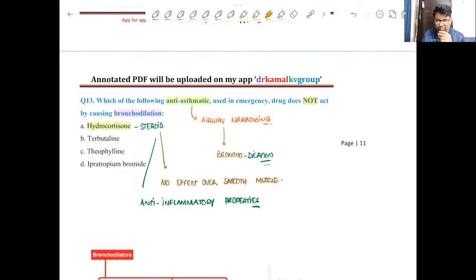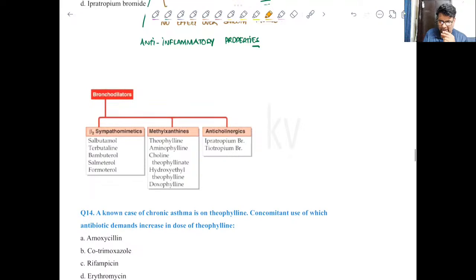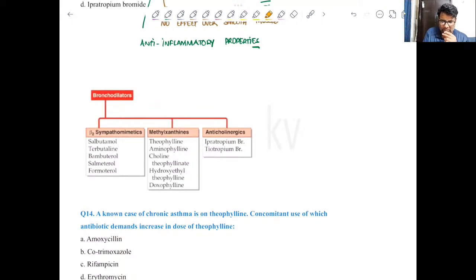So in one way it is bronchodilatory. If we discuss the bronchodilators in the pharmacology of asthma, we have two broad groups. Either we can take sympathomimetics or we can take anticholinergics, right? So one group is anticholinergics.